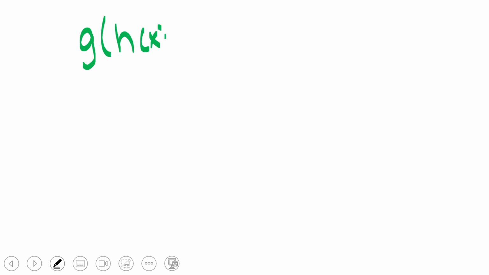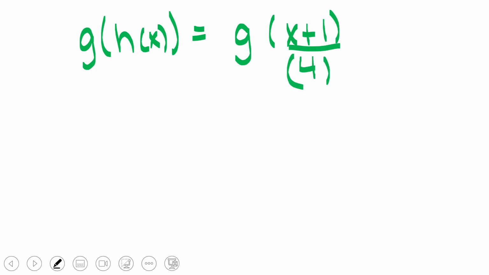Let's look. We're going to test G of H of x first. So G of x plus 1 over 4, which we were given. So we've got G of H going on here so far. And then we're going to pop that H expression into our G expression. We go back to 4x minus 1.